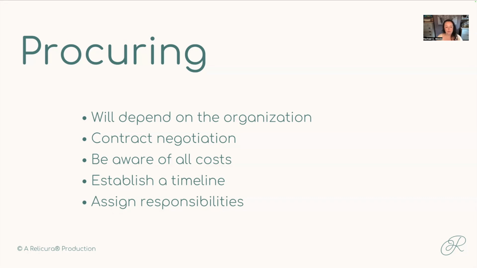Another thing, be aware of all costs. So again, thinking back to when we started, costs that were one-time costs, costs that are annual costs, keep in mind that if you're doing an annual contract, there's likely going to be an annual increase. Look for that in the contract and make sure that you understand that.